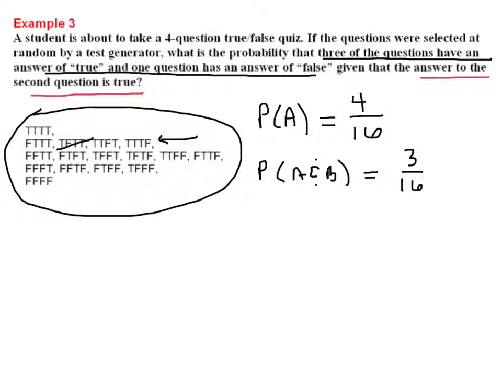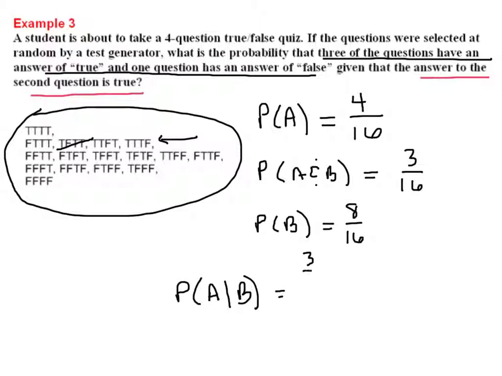Now, the probability of B, where the second question is true, happens 8 times out of the 16. So now, the probability of A given B will be the ratio of 3/16 to 8/16, which then simplifies to 3 out of 8.